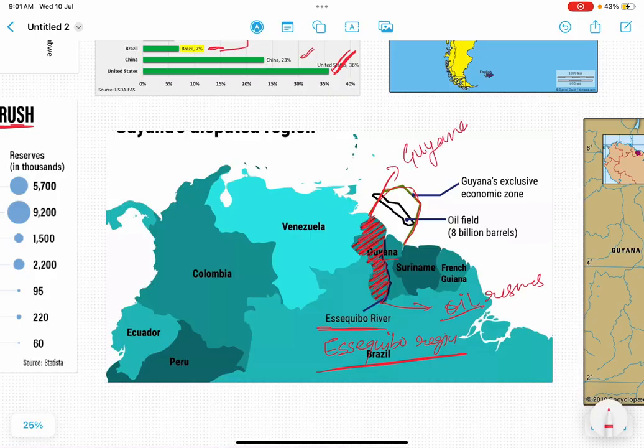And it has this exclusive economic zone, and this region has a lot of oil, as you can see. So what is the conflict about? Venezuela claims that historically this region, the Essequibo region, belongs to them. So there is an ongoing tussle, we can say conflict, between Guyana and Venezuela over the Essequibo region, and the main reason for it is this oil.